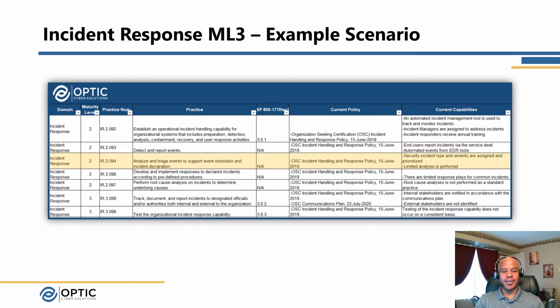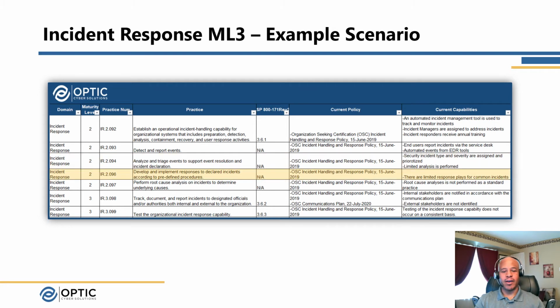The third practice is around analyzing and triaging events to support resolution and incident declaration. Again, it looks like the same policy is being used. Security incidents are assigned a prioritization and a severity, but it looks like there's limited analysis performed around the actual assigning of that severity to a specific incident.